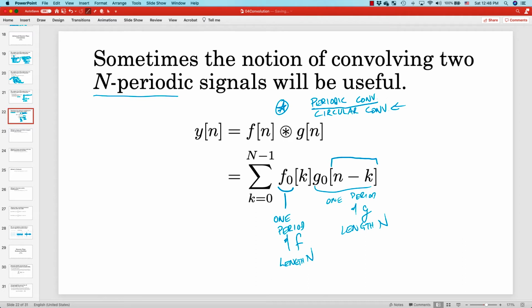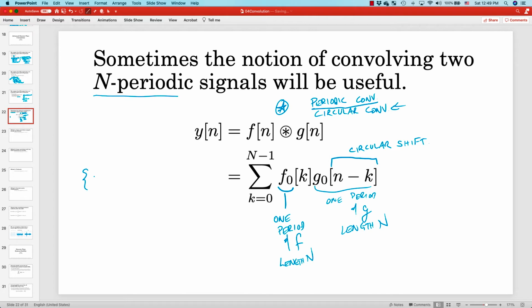When I talk about shifting and flipping in circular convolution, this has to mean a circular shift instead of a linear shift. So in particular, what do I mean by circular shift?